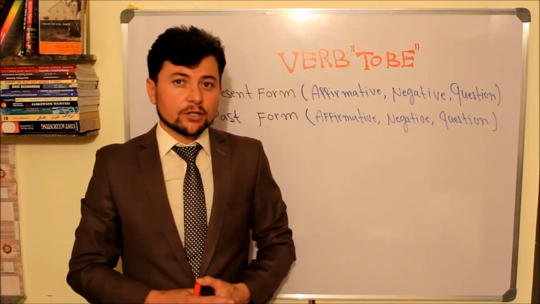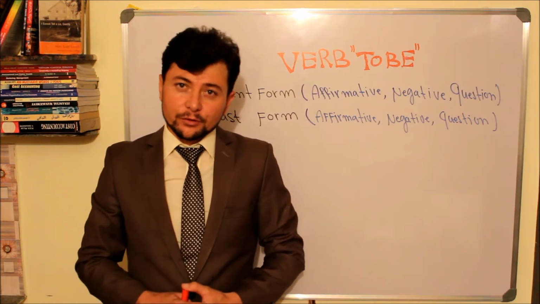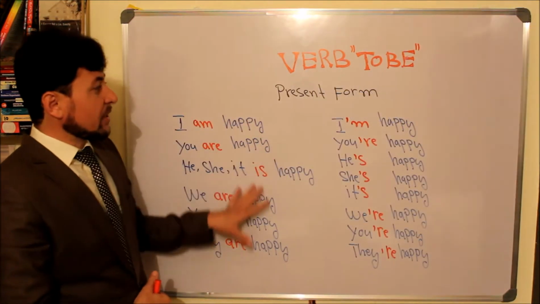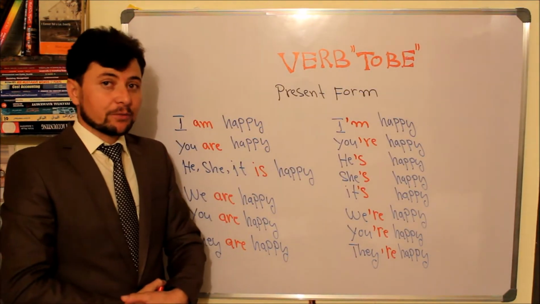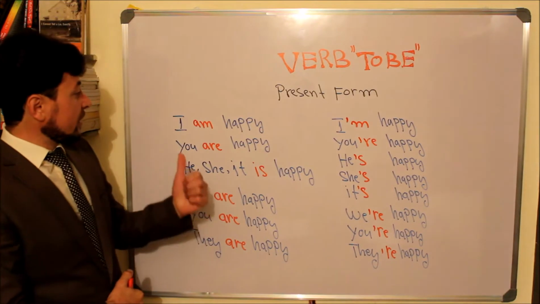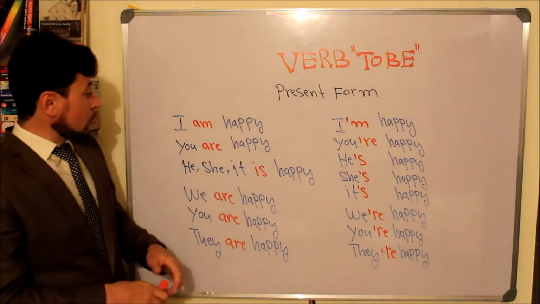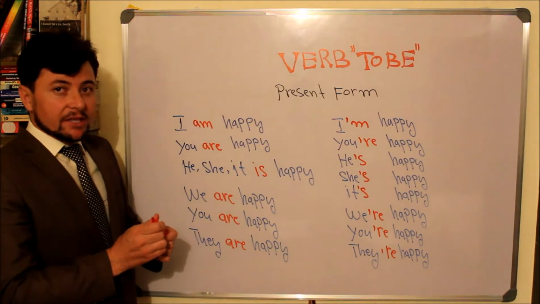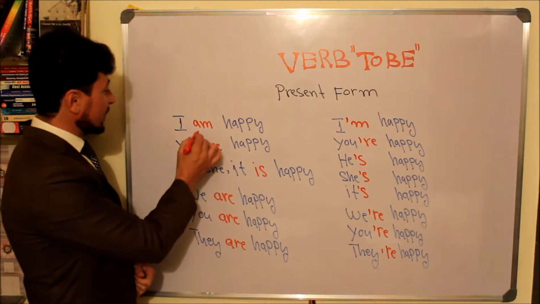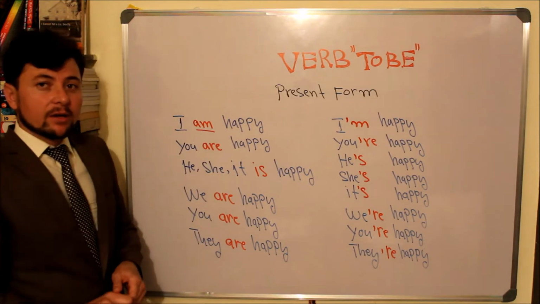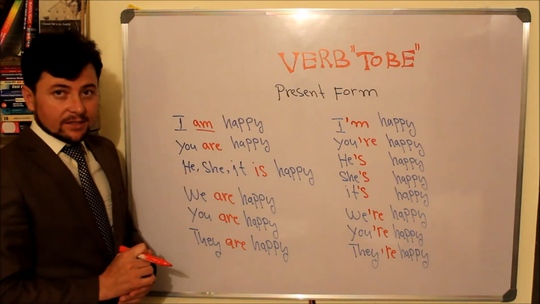Now, let's start with the present form of verb to be. Now, this is the present form of verb to be in affirmative form. So, look at the first sentence. I am happy. So, what is the verb to be in this sentence? Of course, it is am. Now, let's have a look at the form of the sentence.